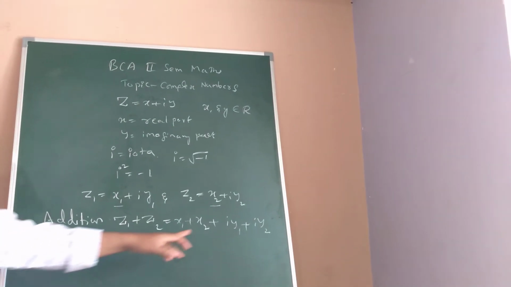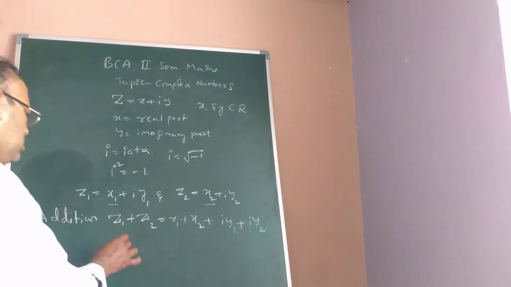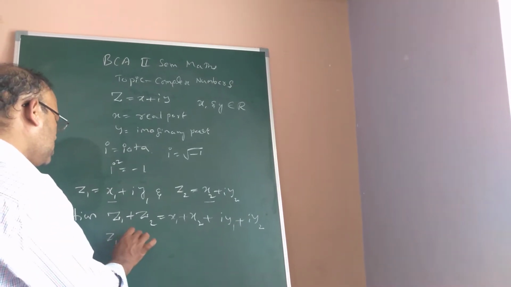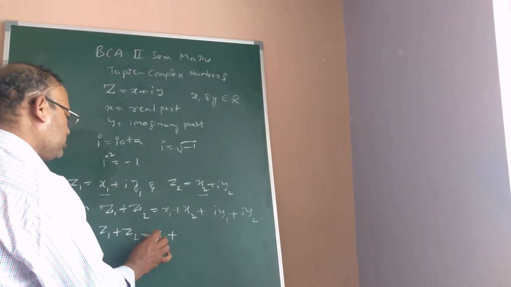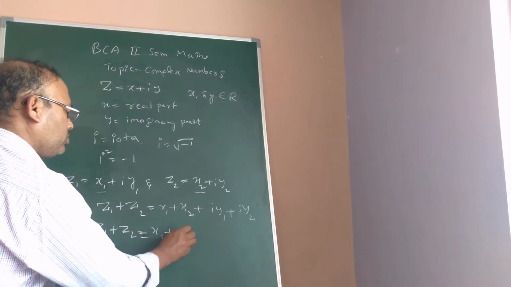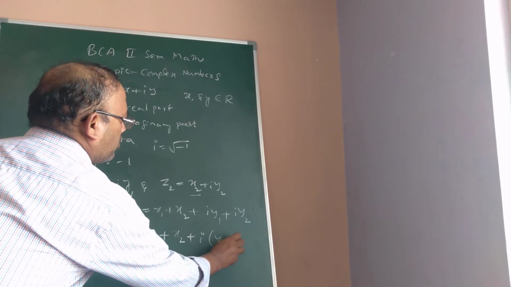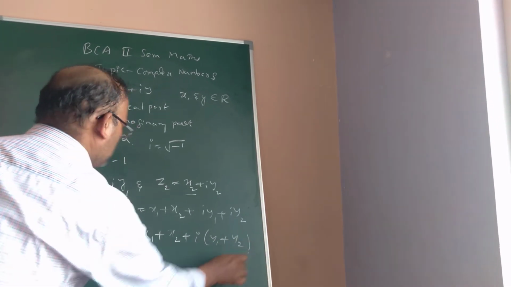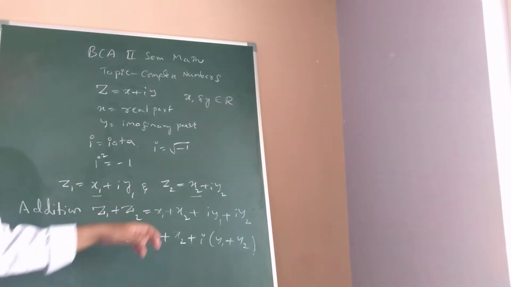You can take i common and write y1 plus y2 in brackets. That is z1 plus z2 is equal to x1 plus x2 plus i, taking i common, y1 plus y2. This is the addition of two complex numbers z1 and z2.